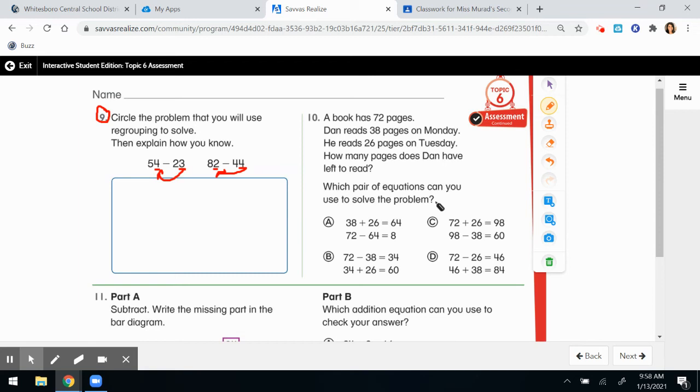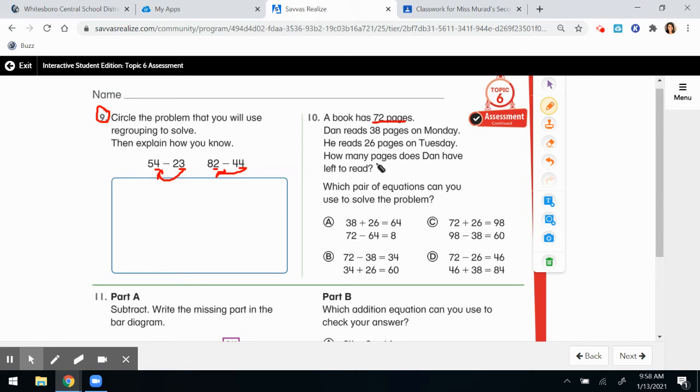Now, we've seen problems like this before. We've seen it on our work. We've seen it on a quick check. So we need to see which pair of problems could we use to answer this word problem. So the book has 72 pages in all. We know that. What we don't know is how much he read altogether so far.